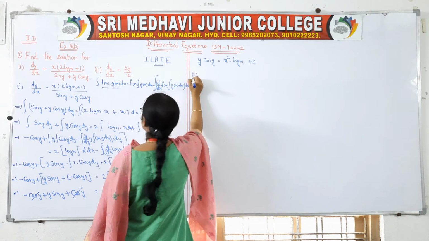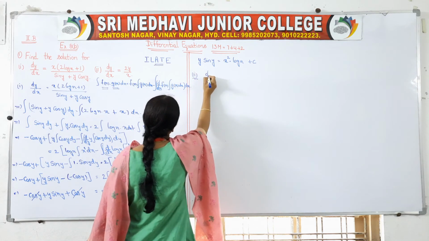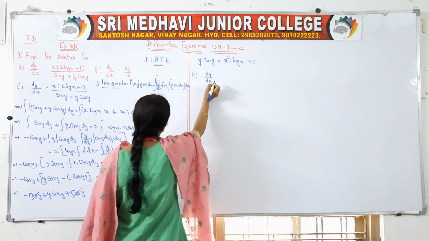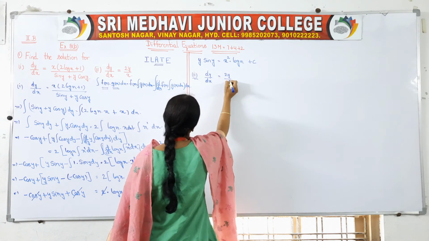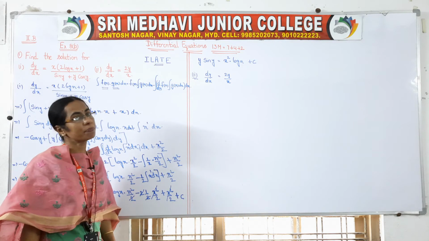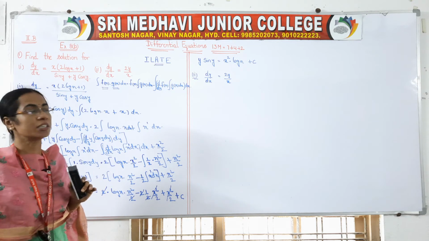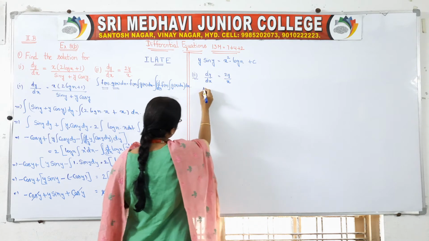What is your second question? It is dy by dx. Find the general solution of dy by dx is equal to 2y by x. This is a 2 marks question. Same thing, we have to take y terms with dy and x terms with dx. dy is this side, so bring your y term this side.